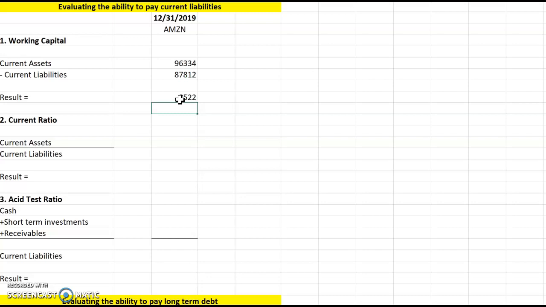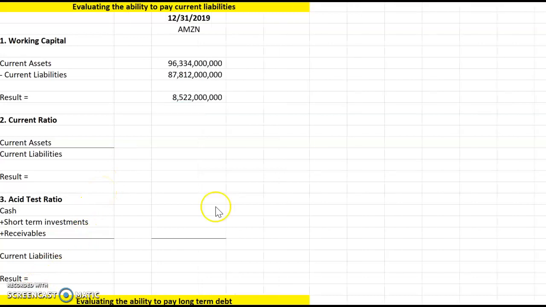That's what they have left over. Now, one thing that's really important, it says on the financial statements that the numbers there are in millions. So actually, we should be adding 6 zeros for the working capital. So it's $8,522,000,000 is what they have in working capital.